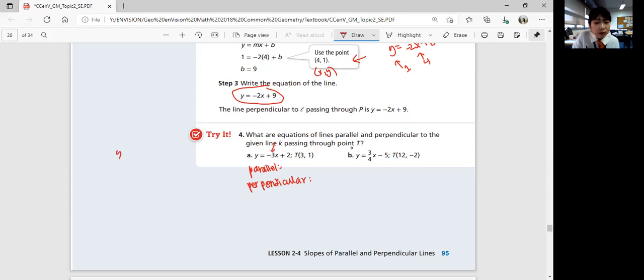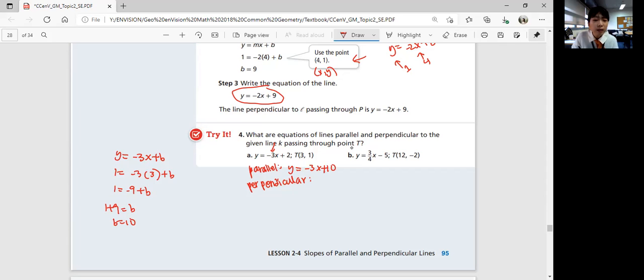So you're going to have y equals -3x plus b, and you plug in your point for x and y and solve for b. Okay, 1 plus 9 is equal to b, which is 10. So the parallel line for A is going to be y equals negative 3x plus 10.